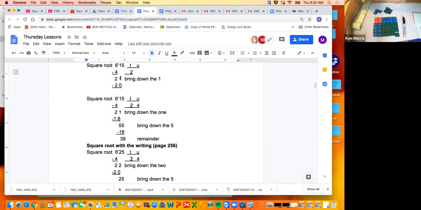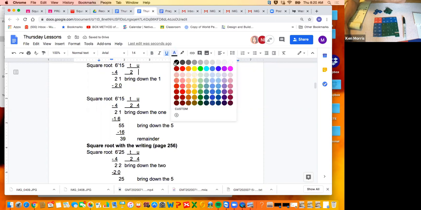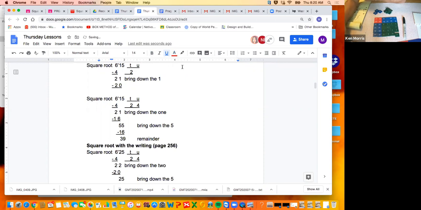I bring down the 1. I exchange the 200s for 10s. And I use 20 of them to make my 5 rows. Okay, and I'm actually going to add right here a 5, but we're going to put it in red just to show that it hasn't been confirmed.